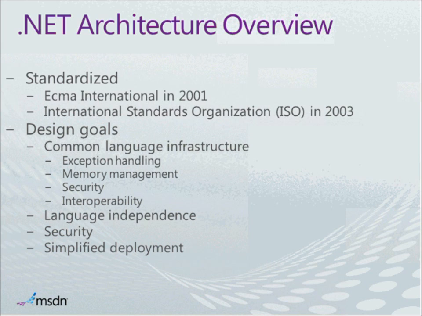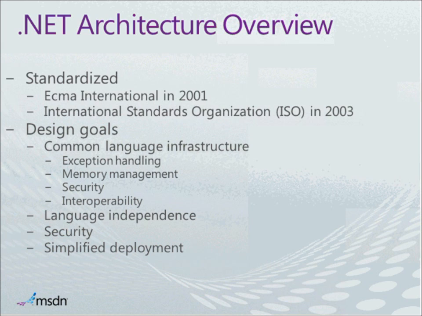Anyway, when we released that at, I believe it was the 1999 PDC, we had a lot of interest from people out there, and we decided to try to get it as a standard. So we submitted it to the ECMA body as well as the ISO standards body, and they both subsequently ratified it as a standard in 2001 and 2003.